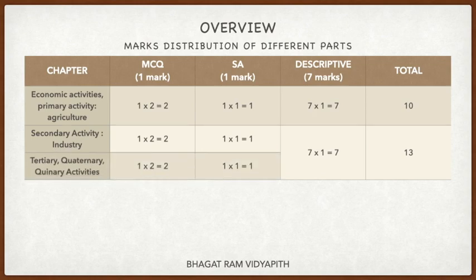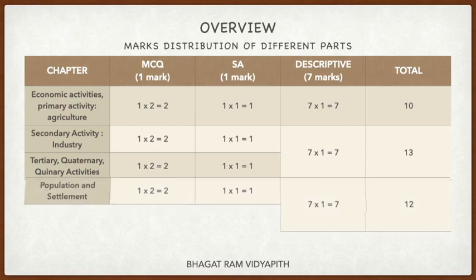And tertiary activity, followed by quaternary and quinary activities, will again have 2 MCQs of 1 mark each and 1 short answer question carrying 1 mark. 1 descriptive question can be expected from secondary, tertiary, quaternary, and quinary activities taken together, which will total out to 13 marks: 7 plus these 4 types taken together, 13.